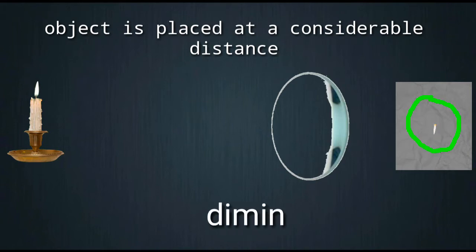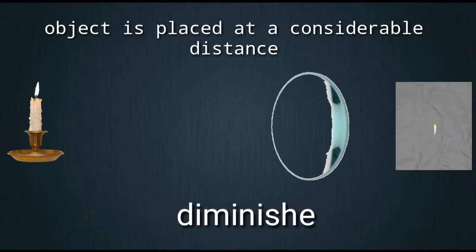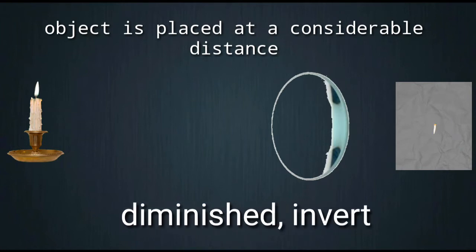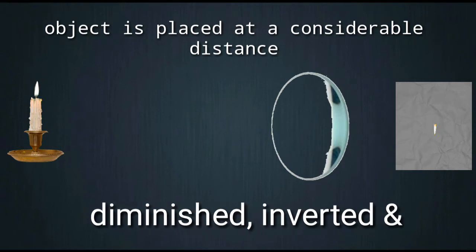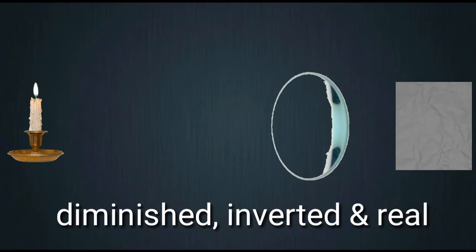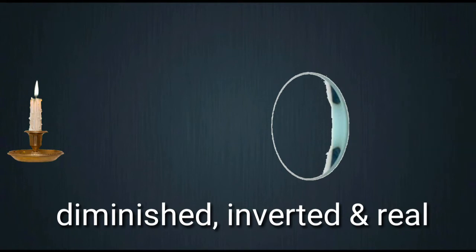That means the size of the flame is smaller, and also the flame is inverted, and it is real because light is actually passing onto the paper. That is why the image formed by the convex lens when the object is far from the lens is real, inverted and diminished.